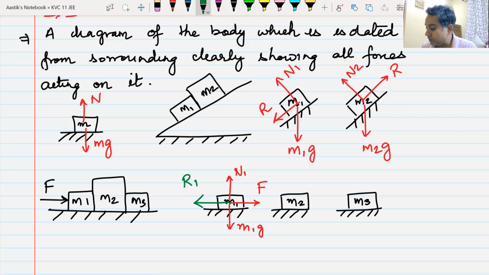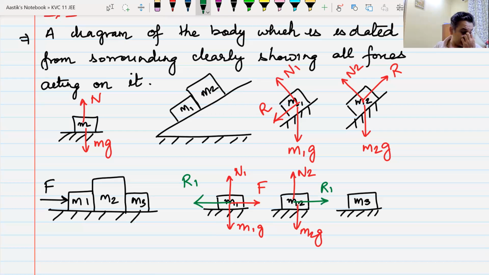Let me now move on to the free body diagram of M2. This is M2G. This is N2. Now remember, M2 is pushing M1. So M1 is also pushing M2 with the same force but in the opposite direction.